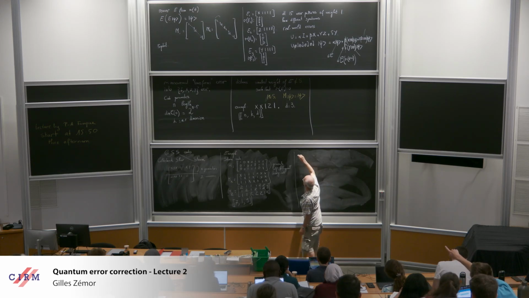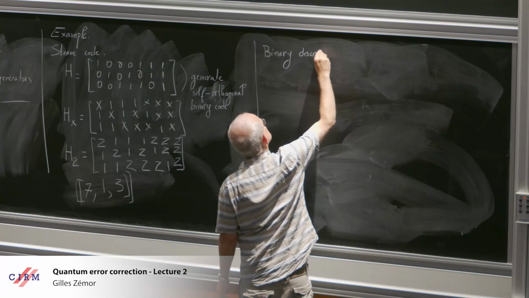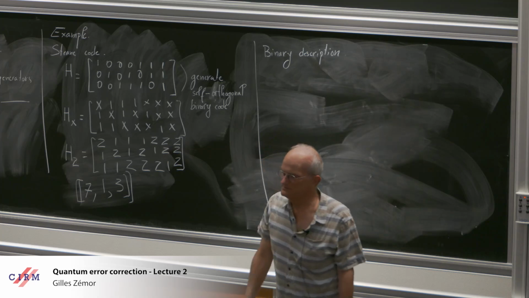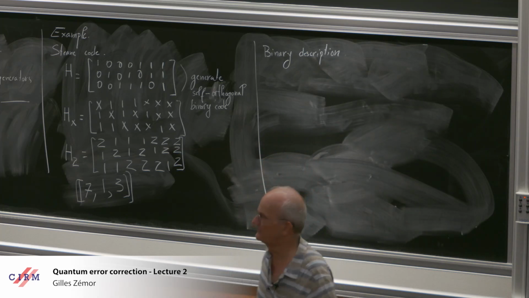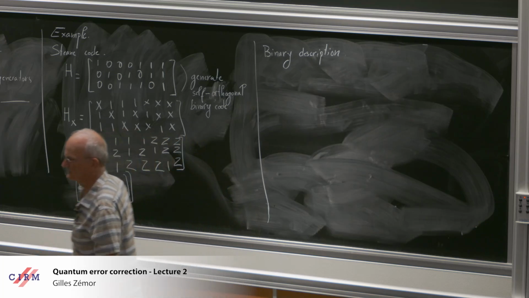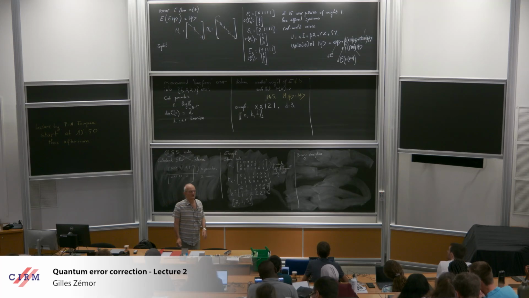Okay, so what is especially nice about CSS codes, especially if you come from classical coding theory, is that they can be described by pure binary matrices, 0, 1 matrices.